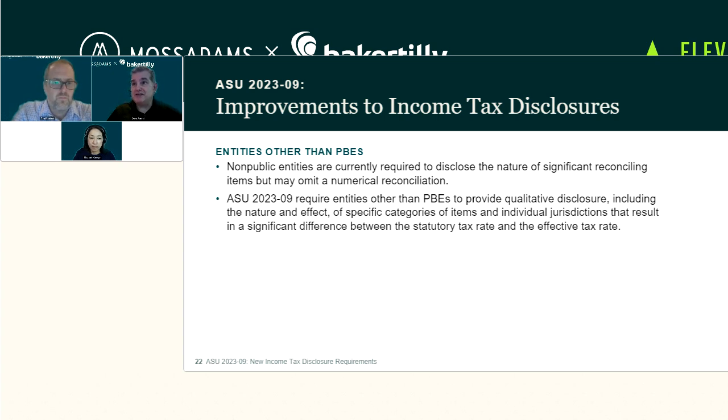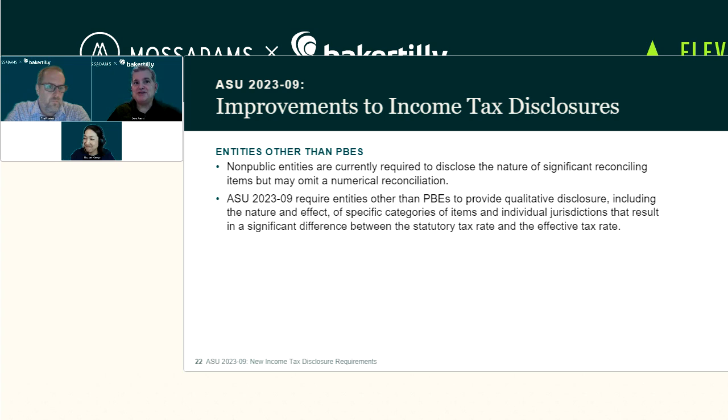Private companies can elect to include the tabular reconciliation, but as Tim mentioned, they still would be required to provide the qualitative disclosures, including the nature and effect of specific categories of items in individual jurisdictions. And we have an example for a private company of that potential disclosure.